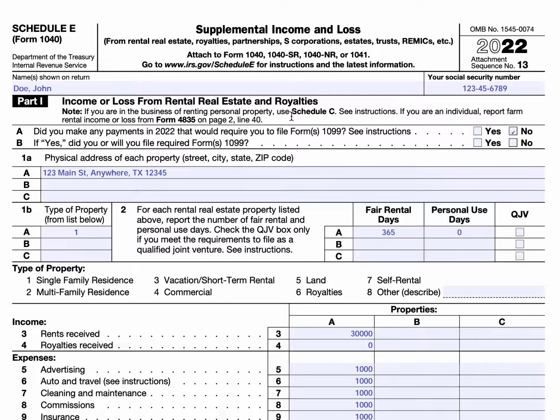There is a difference, and that difference is of intent. You would report incidental rental income for a property that you intend to sell as part of your business as a dealer. If you made some rental income on that kind of property, you would report it on Schedule C. On Schedule E, you would report income related to rent on a property that you actually are holding for rental purposes.